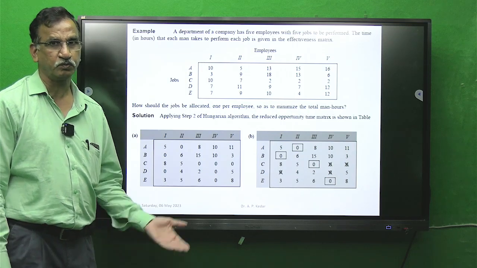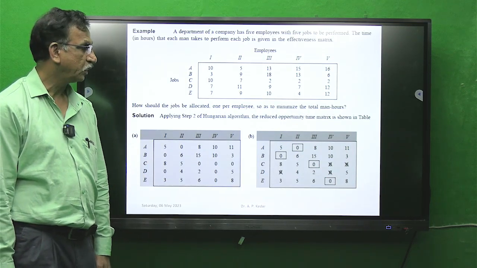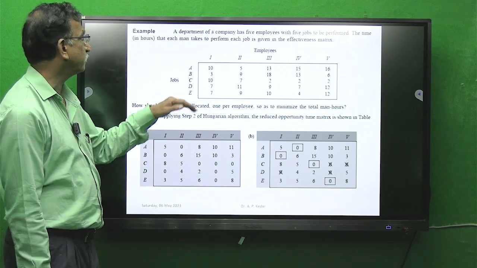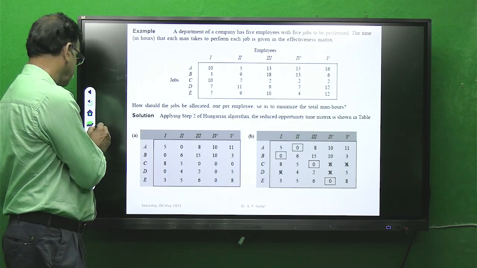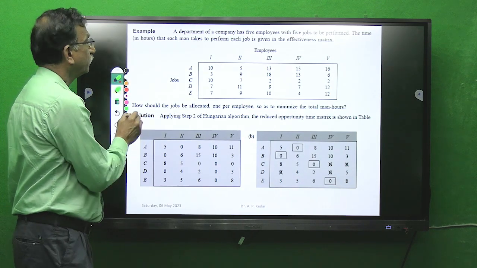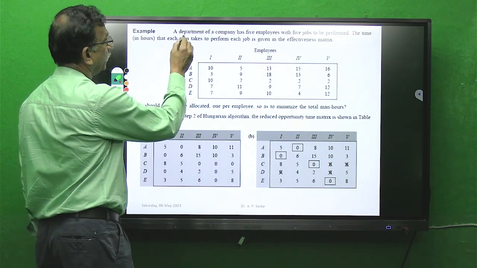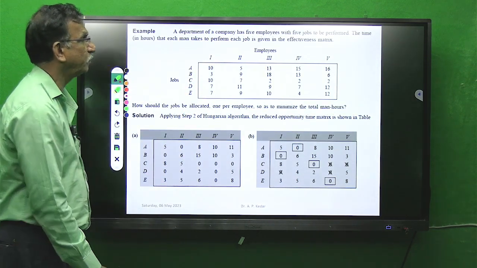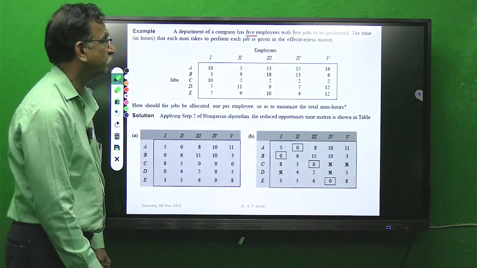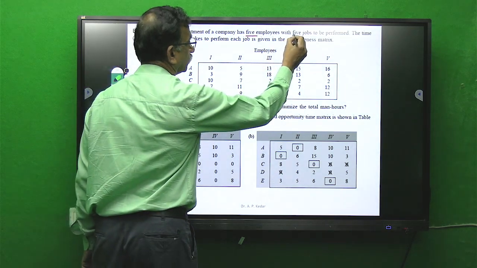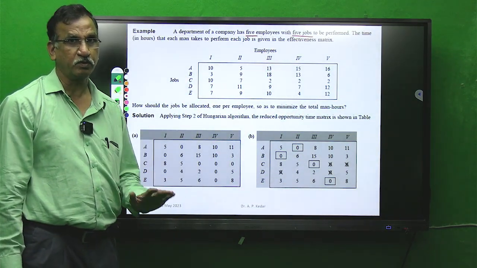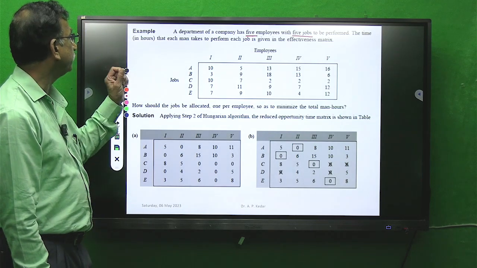So now we'll switch over to the problem just to recall what we studied in the earlier lecture, and then I will go to special cases of the assignment problem. Now this problem reads as: a department of a company has 5 employees with 5 jobs. 5 employees, 5 jobs. Assignment, 1-to-1 assignment. The time is in hours.